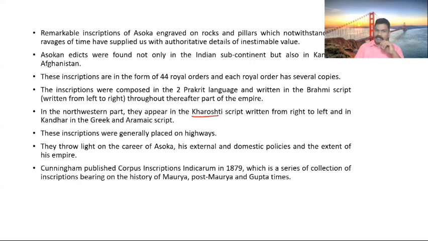In 1879, Lord Cunningham collected a series of Ashoka's inscriptions and also post-Mauryan and Gupta inscriptions. Alexander Cunningham, we know, established the ASI, Archaeological Survey of India, in Calcutta in 1861.